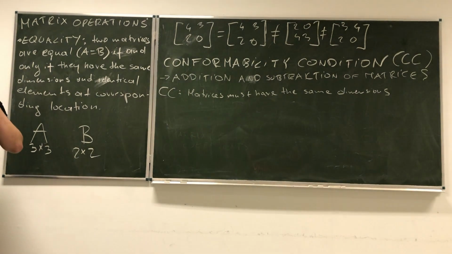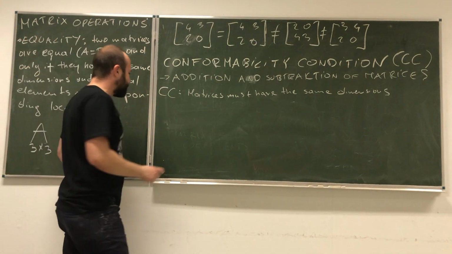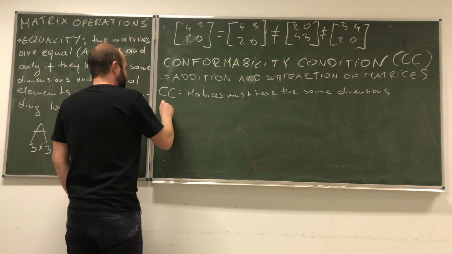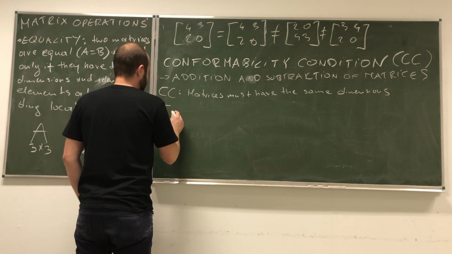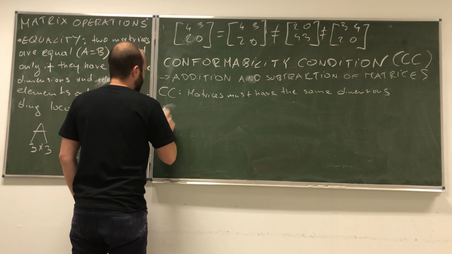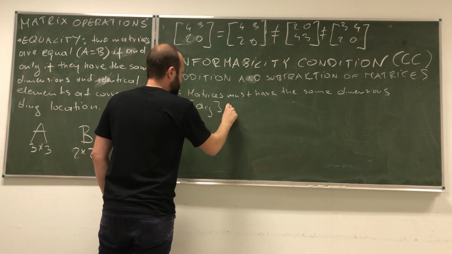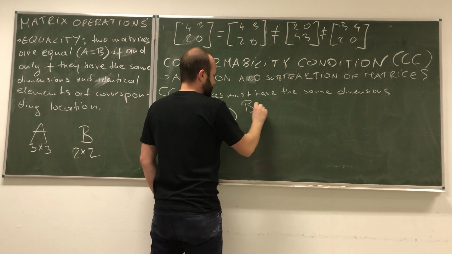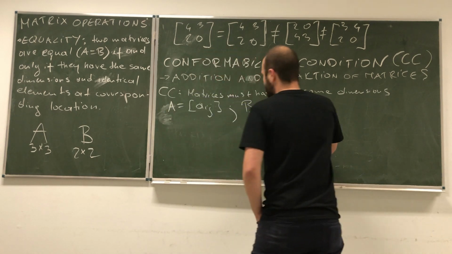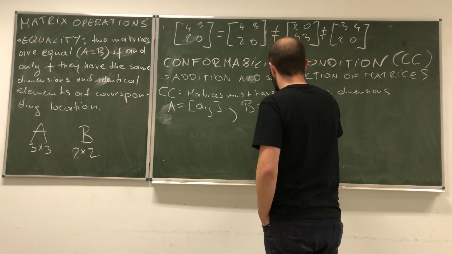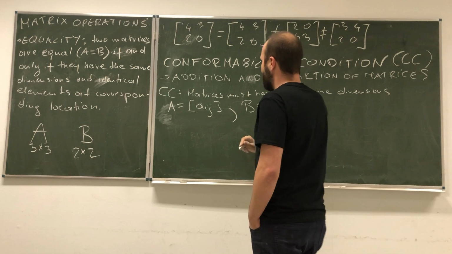Okay, look, addition of matrices goes like this. I have matrix A with elements a_ij, and I have matrix B with elements b_ij.